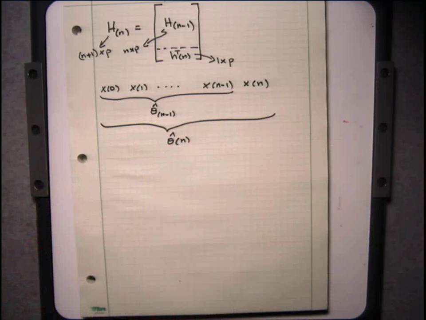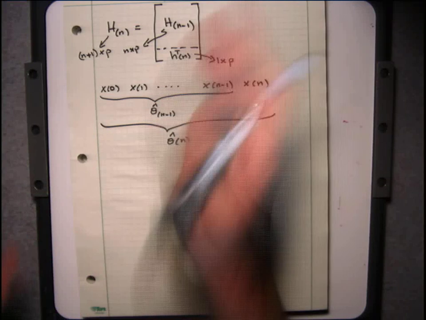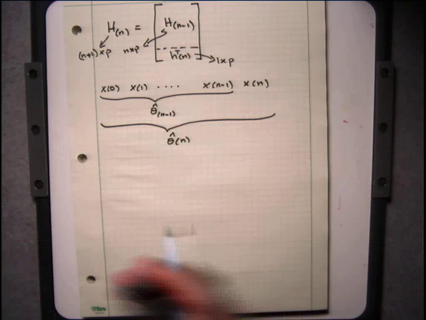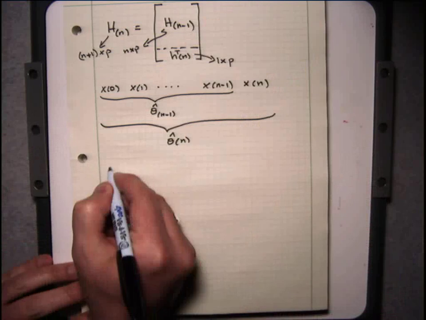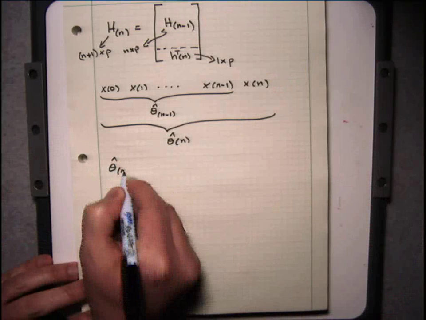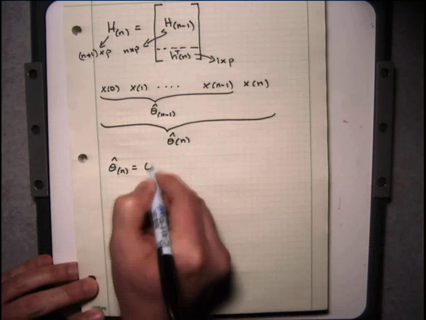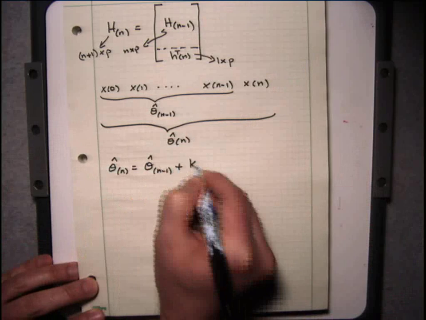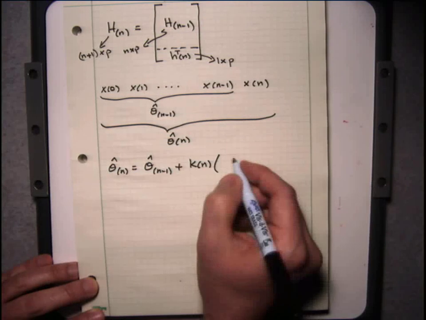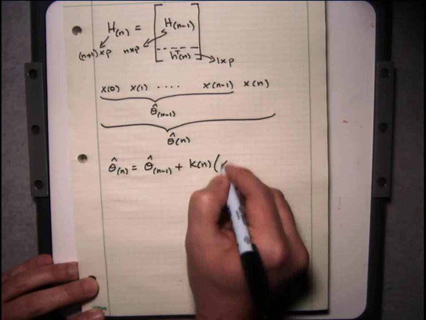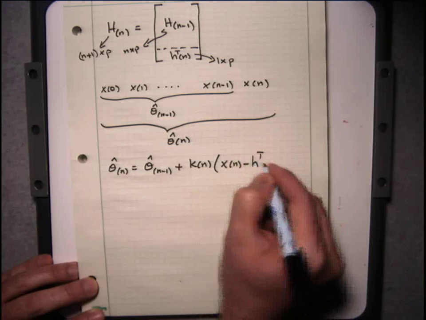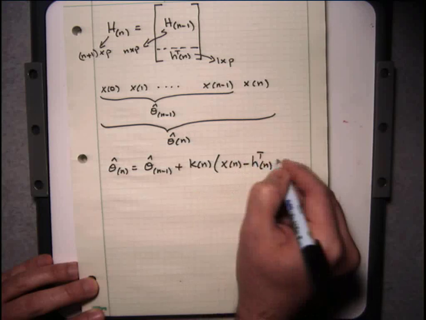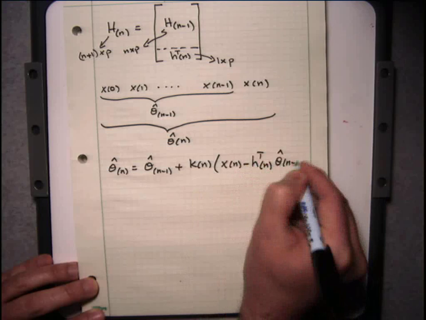So we can rewrite all of this and multiply things out, and the bottom line is the estimate after n data points is the previous estimate plus the gain times the prediction error, which in this case is x of n minus h transpose n times theta hat n minus 1.